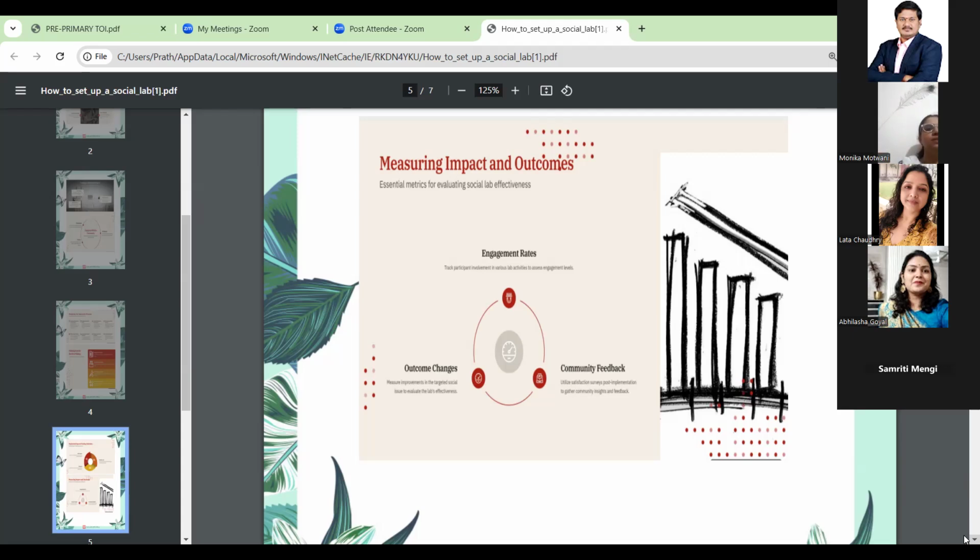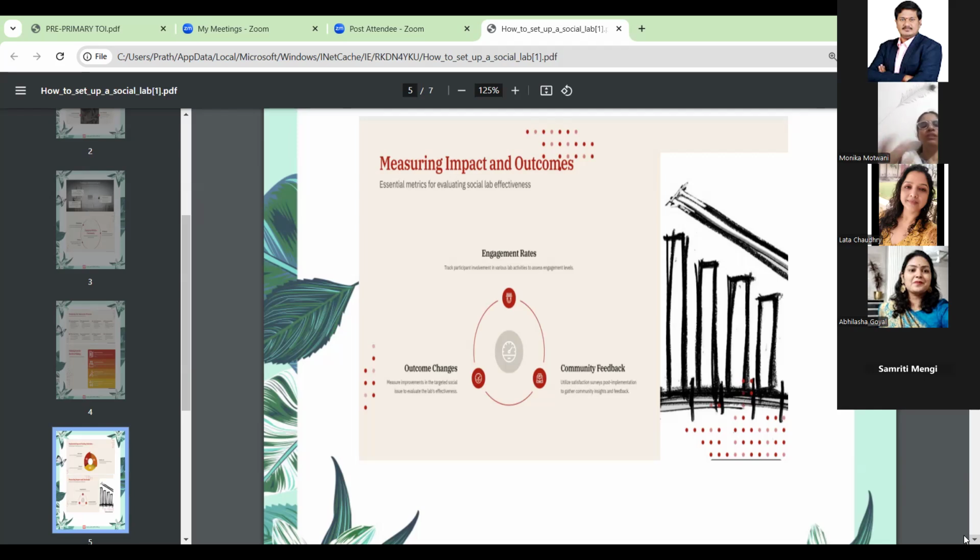The next is outcome changes. Outcome changes measure improvements in targeted social issues to evaluate the lab's effectiveness.